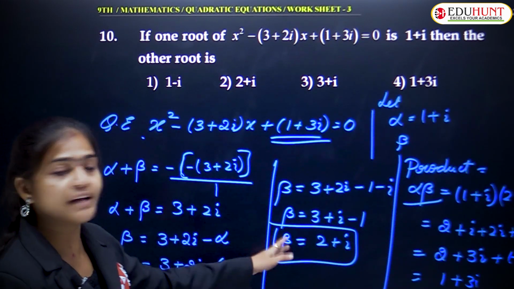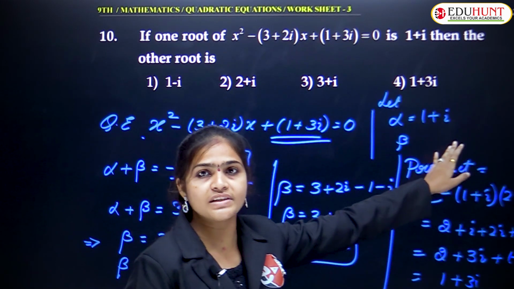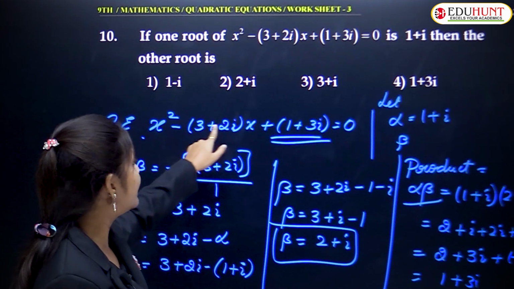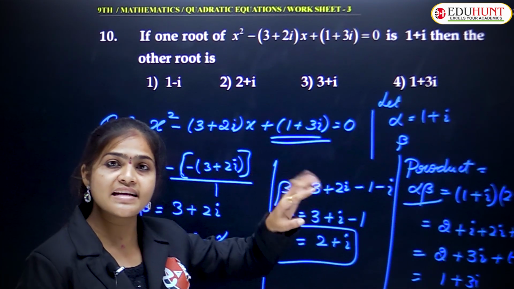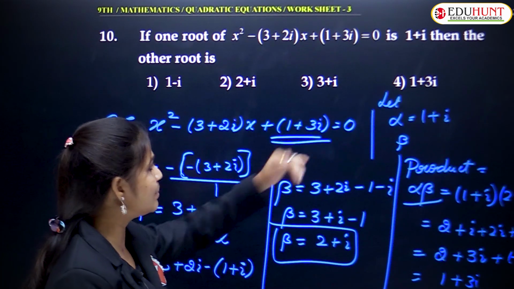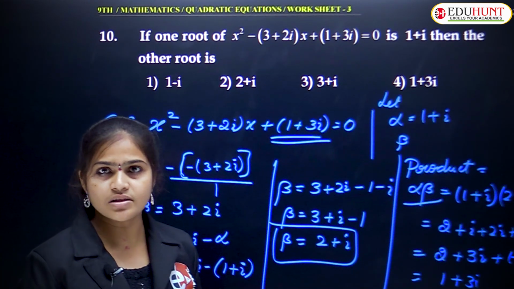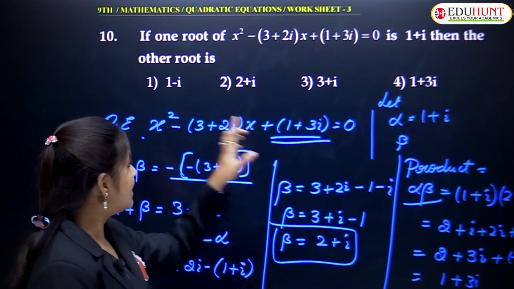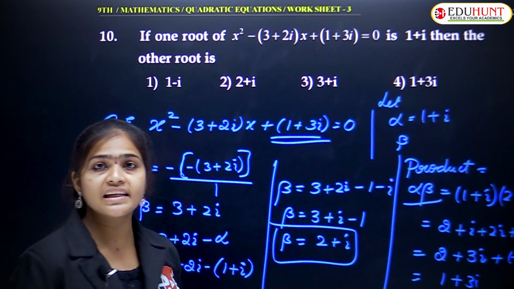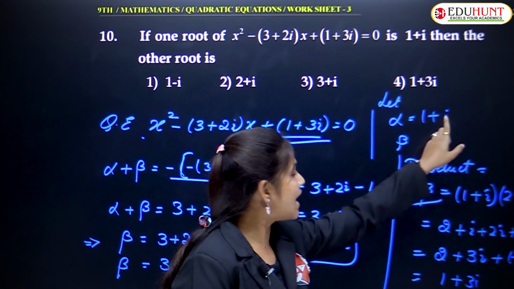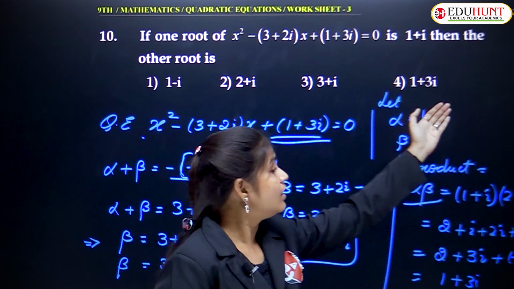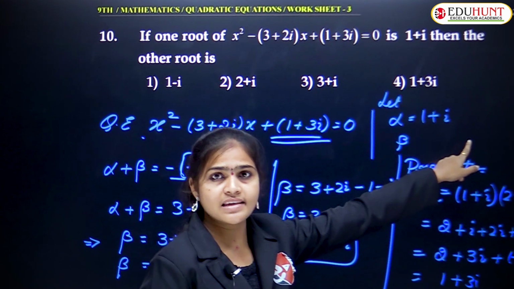So children, why here should we not take the conjugate root of this one? Because here they didn't directly give the equation in the form of x square plus ax plus b; if it were given like that, we could easily take the conjugate roots. But here the given roots must satisfy the given quadratic equation. So if you take here 1 plus i, that is the given root, the conjugate root is 1 minus i.